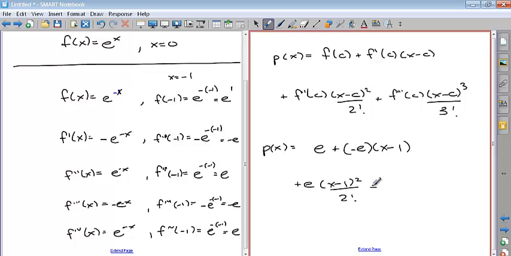Then you'll have plus minus e, the third derivative, times x minus 1 cubed over 3 factorial, plus e, the fourth derivative, times x minus 1 to the fourth over 4 factorial. And you can see the pattern: it's going to be plus minus plus minus.